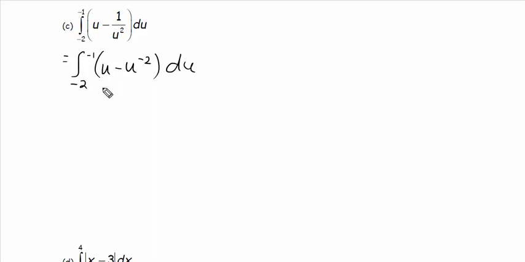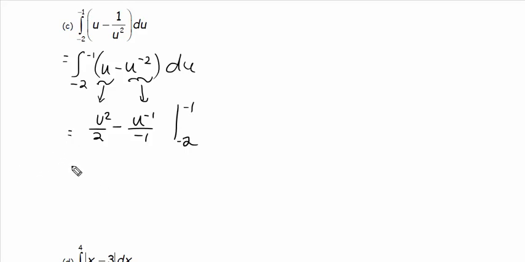And then the antiderivative of u is going to be u squared over 2. And the antiderivative of u to the -2 is u to the -1 over -1. And I'm going to evaluate that from -2 to -1.